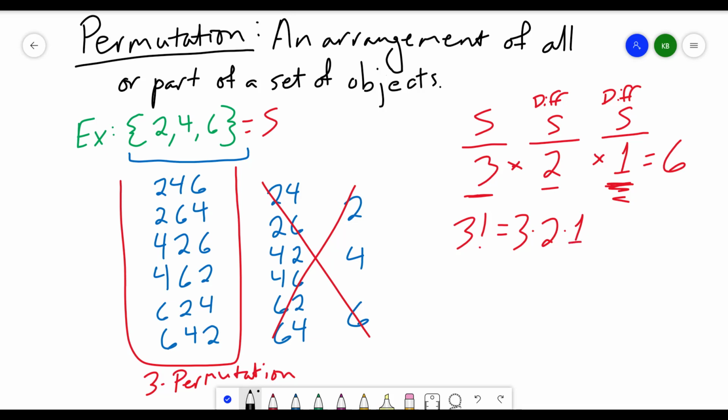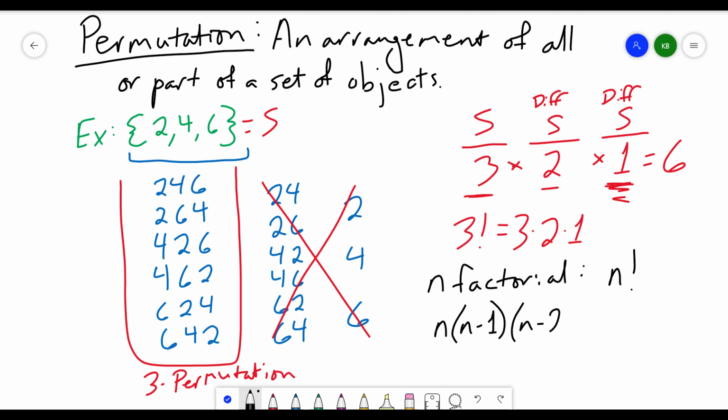So generalizing that, we have n factorial, which we write as n exclamation point, and it tells me to do n times n minus 1 times n minus 2, and to keep multiplying that until I get down to 2 and then 1.